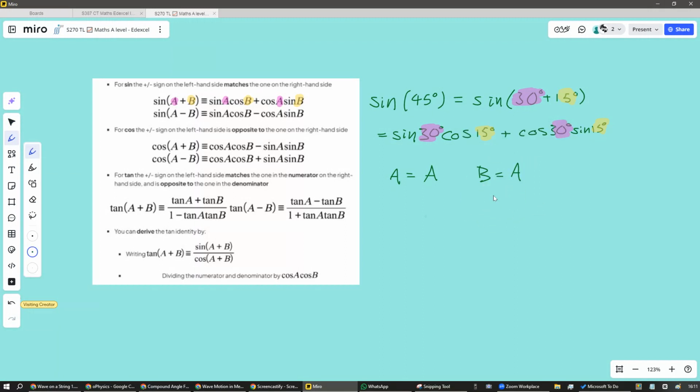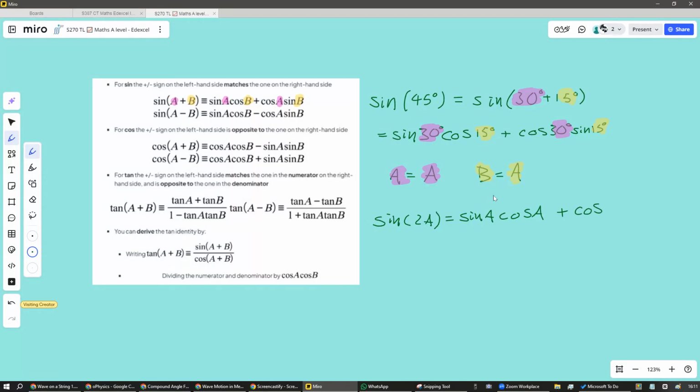If that's the case, then we look at the top formula. A is A, but B is also A. So sine A plus B becomes just sine 2A. Then sine A is just sine A, and cos B would be cos A, because the second angle is the same as the first angle.